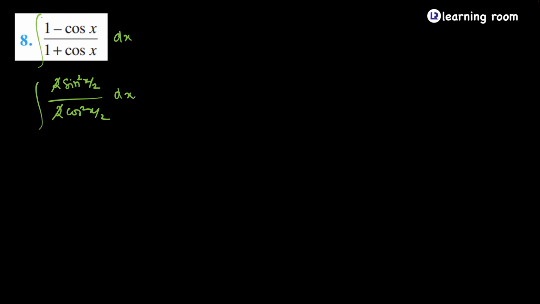So it is going to be tan square x by 2. Right? So integral of tan square x by 2 times dx, but you don't have the direct integral of tan square x by 2. So you need to write it as secant square x by 2 minus 1 times dx.